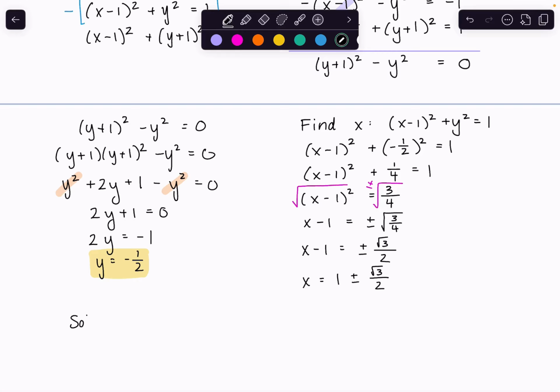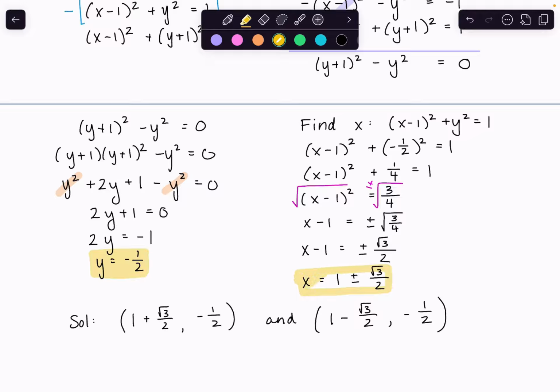So my solutions are the following. One x value is 1 plus root 3 over 2, with negative 1/2 as the y value. And the second would be 1 minus root 3 over 2, with the same y value. So again, this gave us two separate x values corresponding to y equals -1/2.